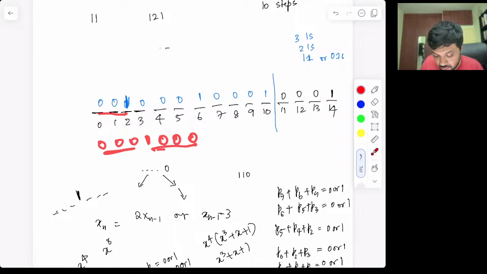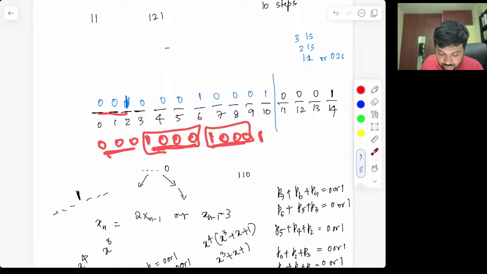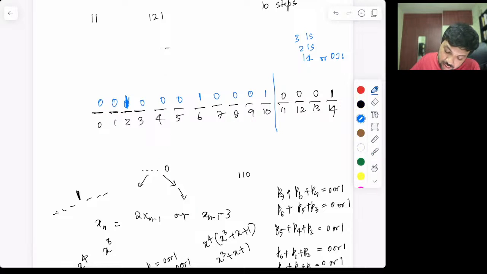If you decide to put one more block of 1, 3 zeros and another 1, then it's already gone. It crosses 11. This is like 4, 8, 9, 10, 11 already crossed. So I don't think you can put 3 zeros and 2 blocks of 1. So if you want 3 ones, I think there's no other way. If you put a 0 here and put a 1 somewhere farther away, that you can do, I think.